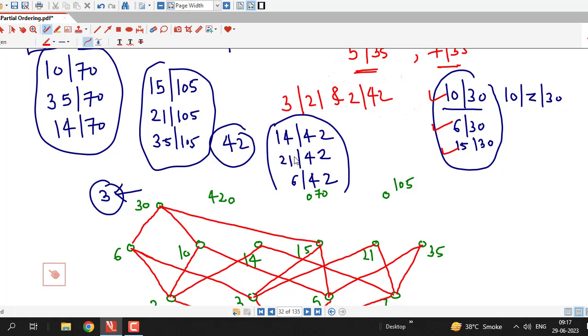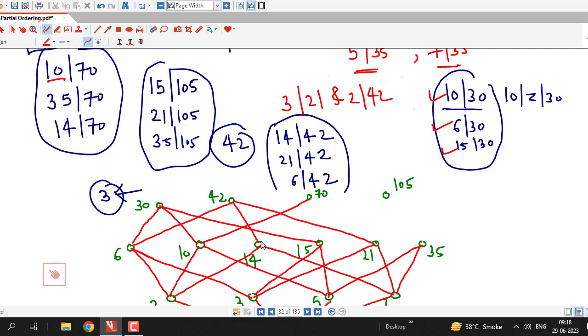Then 42 is a cover of 6, 21 and 14. So 6 is joined to 42, then 14 is also joined to 42 and 21 is covered by 42. 70 is a cover of 10. So let me join these two by line segment.